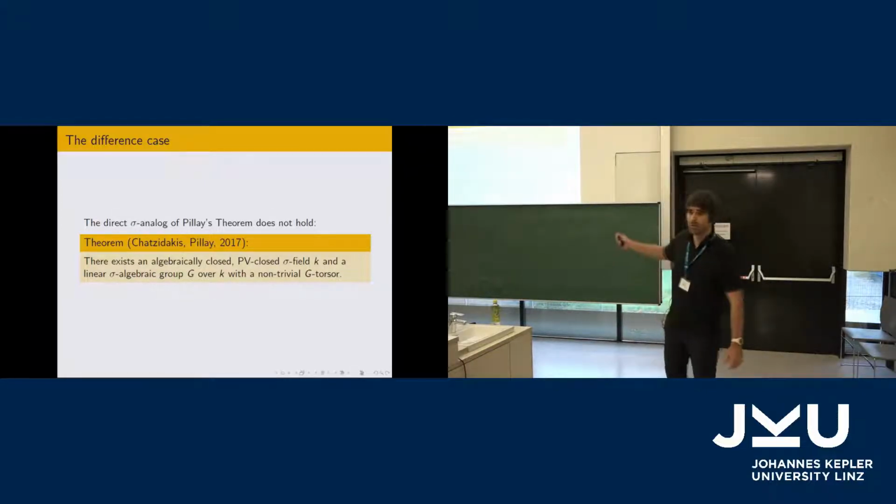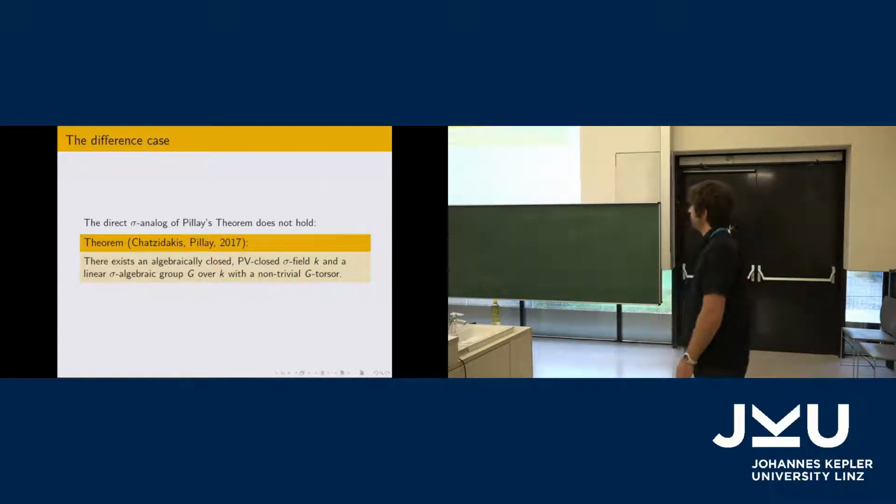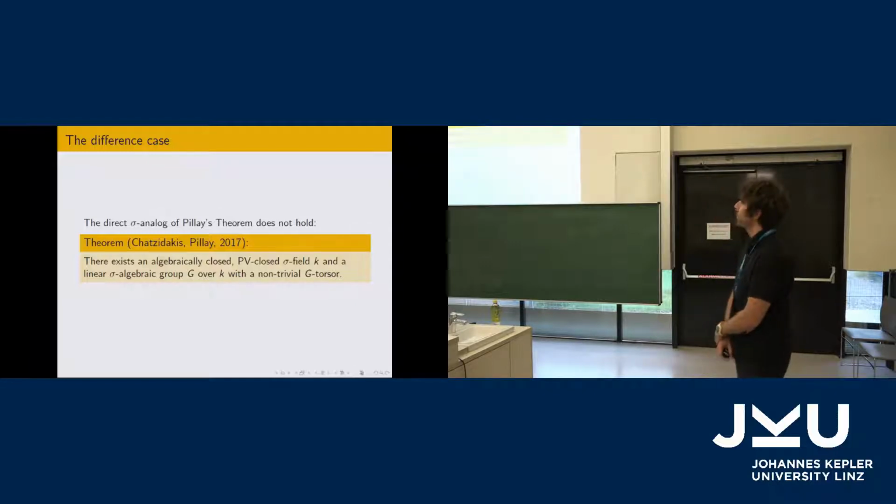And indeed, they give a very specific example of G, which is a particular subgroup of the multiplicative group, but it looks like essentially all of the difference algebraic subgroups of the multiplicative group would give a counterexample.